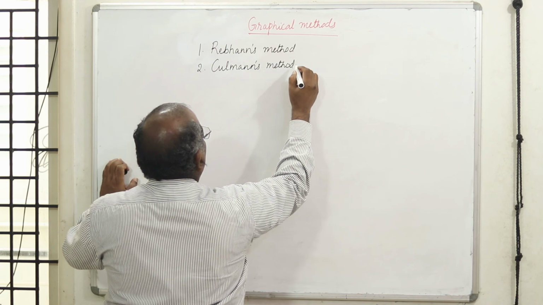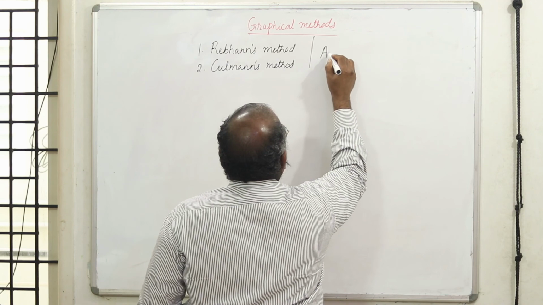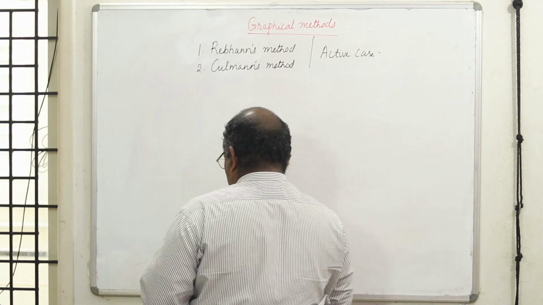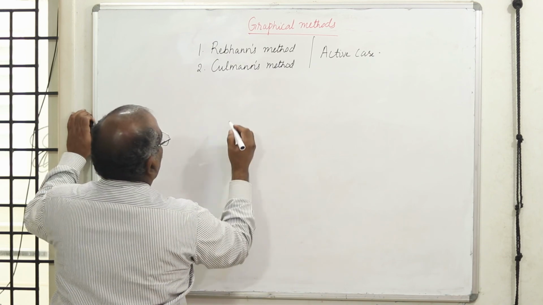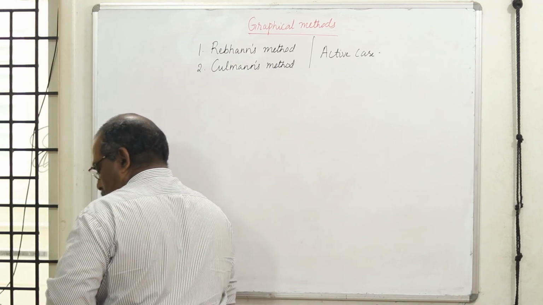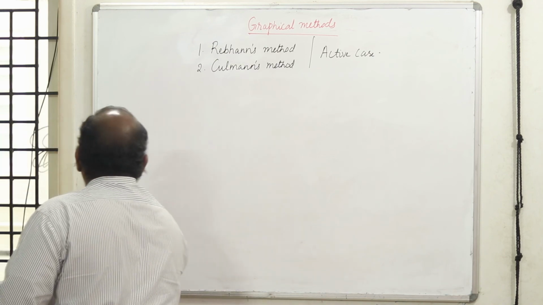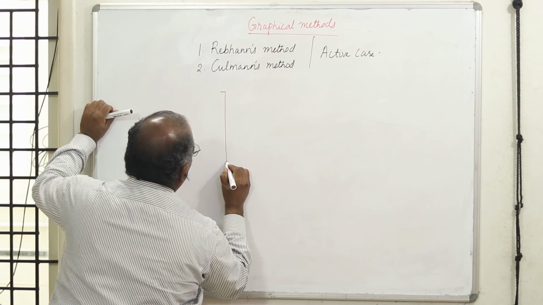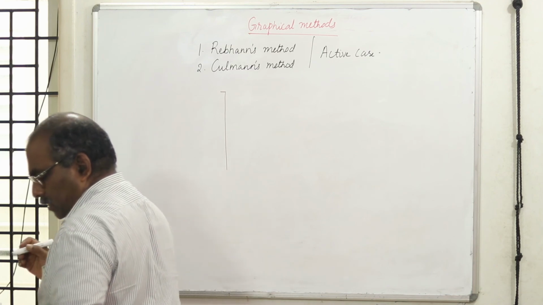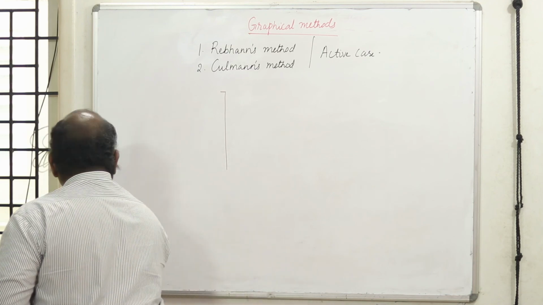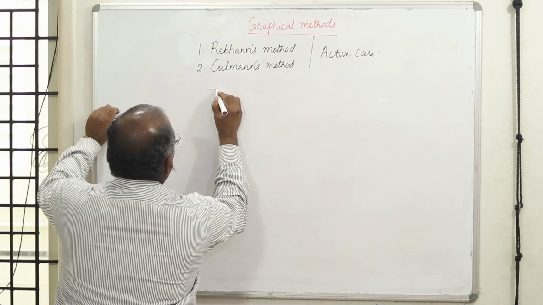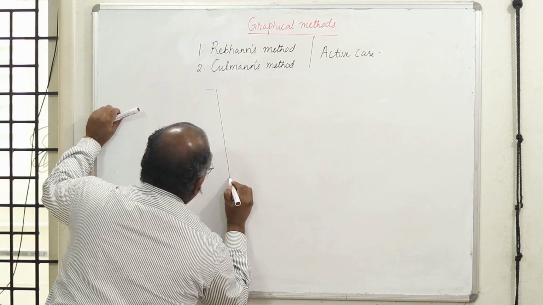Now, for the syllabus we are considering only the active case. Okay, let us do it for the active case. Let us consider a retaining wall, a general case with the back inclined.